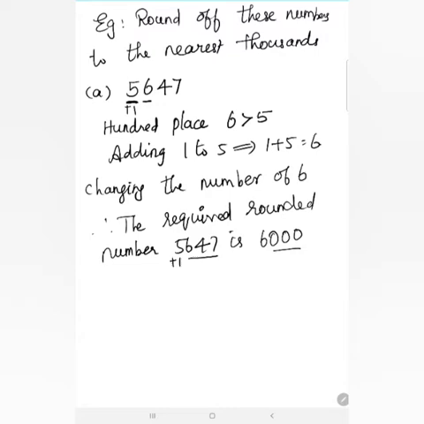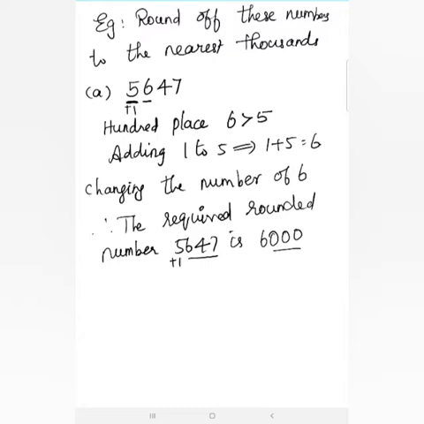We can easily say that 5647 is greater than 5500 and it is nearest to 6000. So you can write 5647 as 6000.